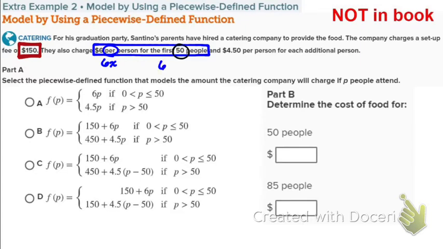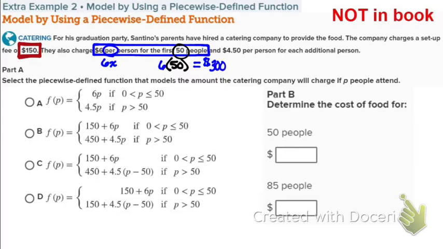Now I've got 6 times 50. And Michael, you said that was how much? I think you're right. Does that mean if I want to have a party with 50 people there, it's going to cost me $300? How much does it cost then? $450. Why $450? We have to have that setup fee.